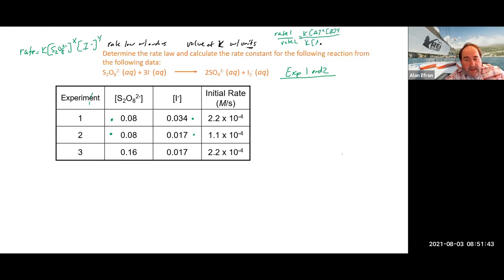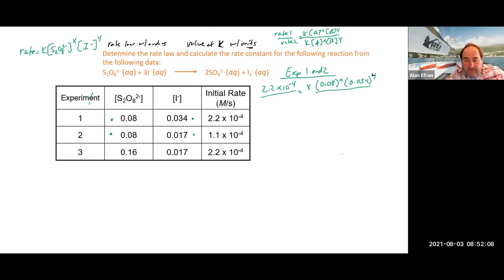Putting everything from experiment 1 on top, 2.2 times 10 to the minus 4 is equal to k times the concentration of S2O8, which is 0.08, to the x, times the concentration of I-, which is 0.034, to the y.